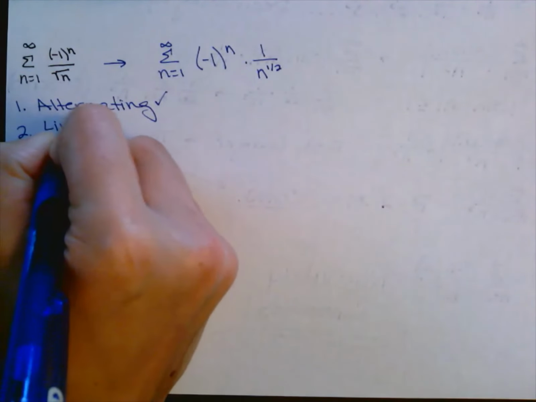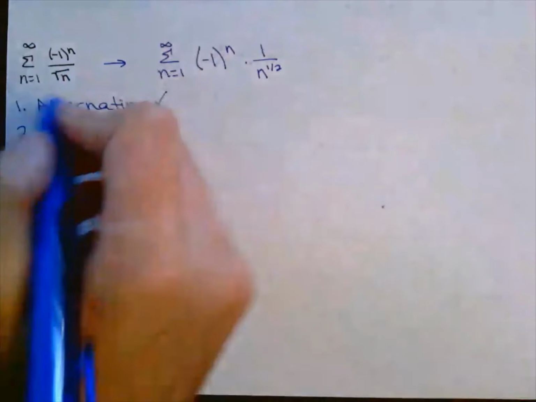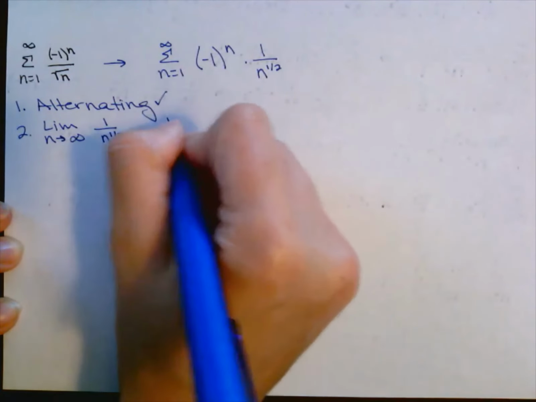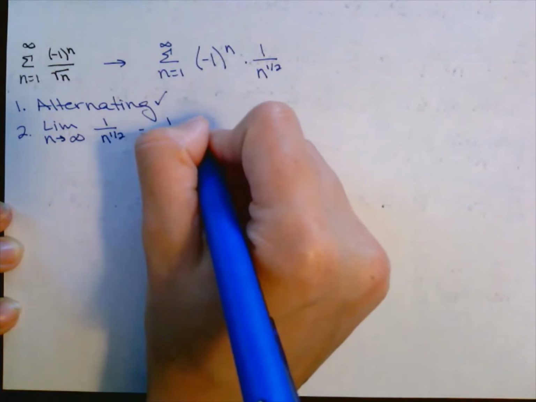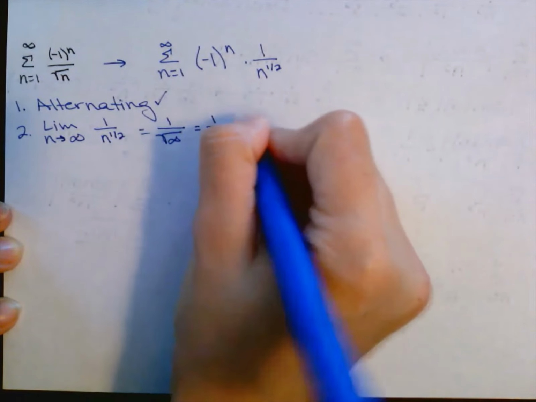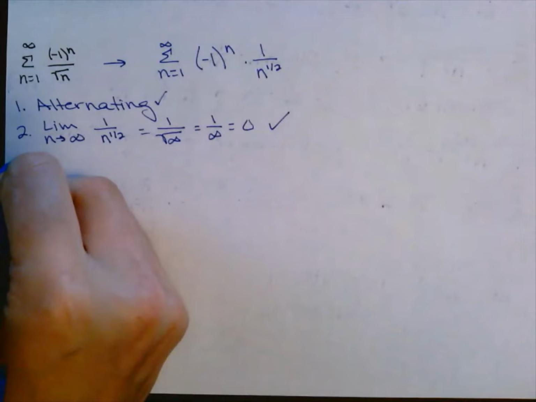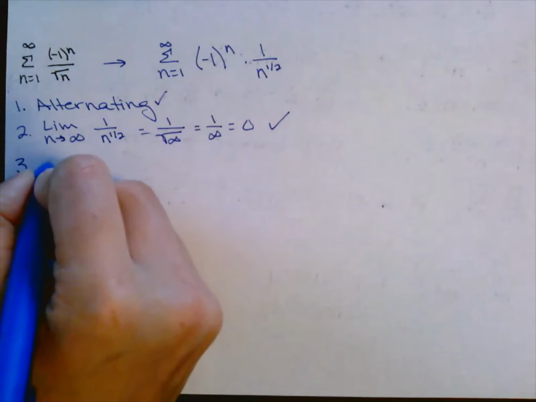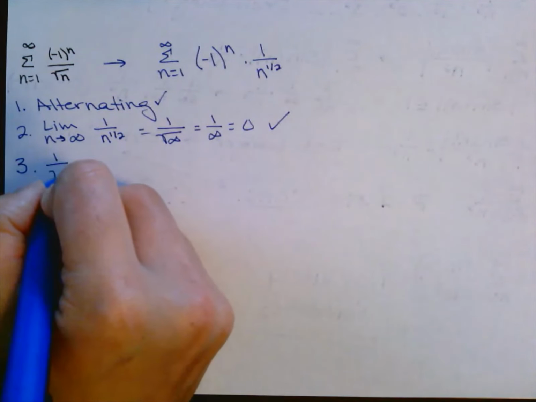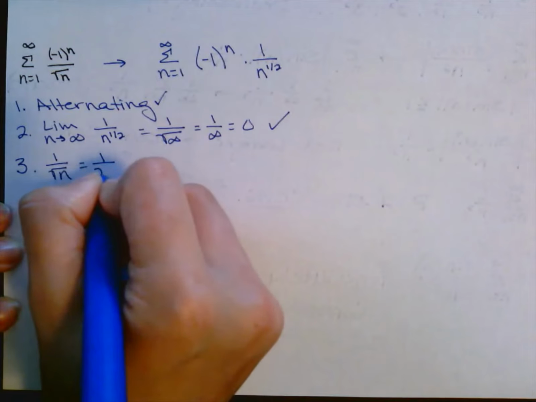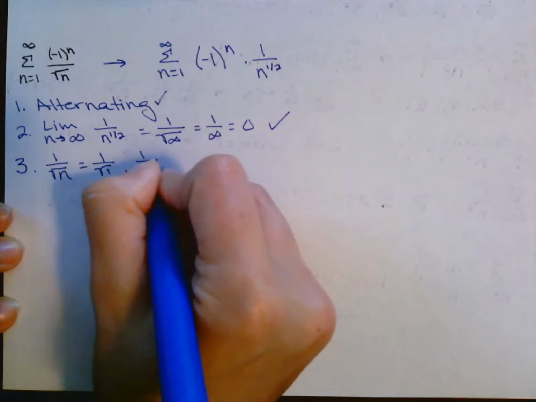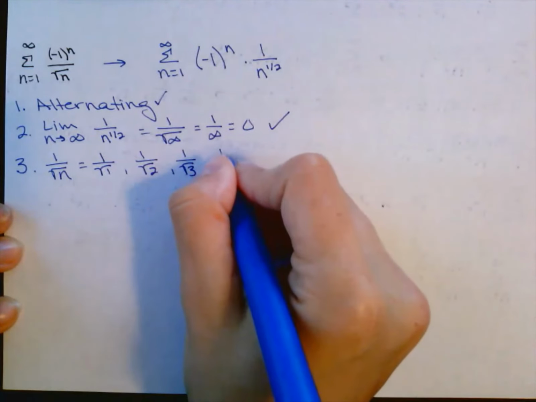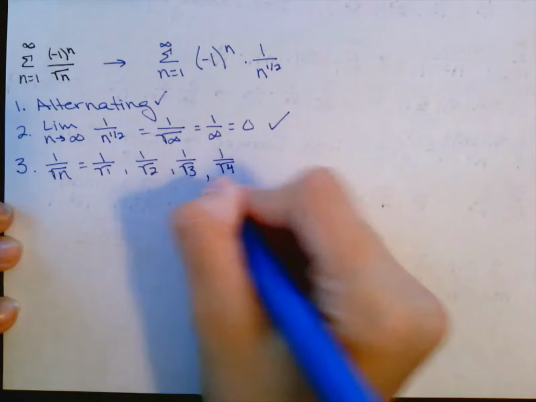The limit as n approaches infinity of my leftover, which is my a sub n, 1 over n to the 1/2. I get 1 over square root of infinity, which is 1 over infinity, which equals 0. That's what I was looking for. And then I want to check that this is decreasing, okay? So if my leftover, my a sub n, is 1 over square root of n, I get 1 over square root of 1, 1 over square root of 2, 1 over square root of 3, 1 over square root of 4, and so on, okay?